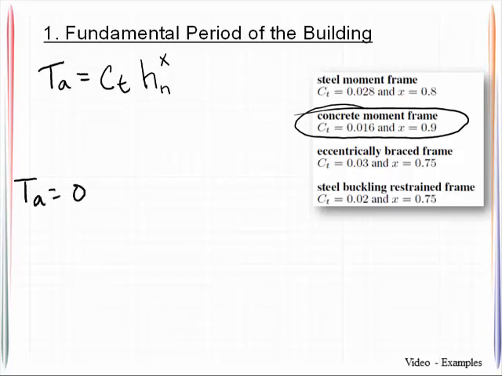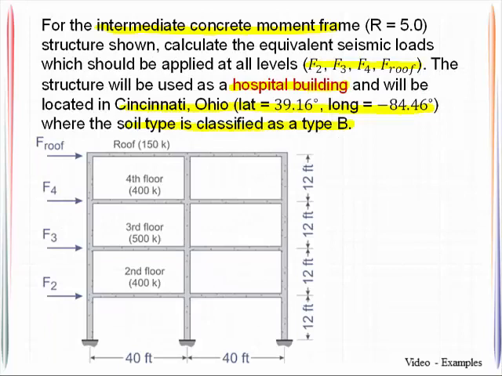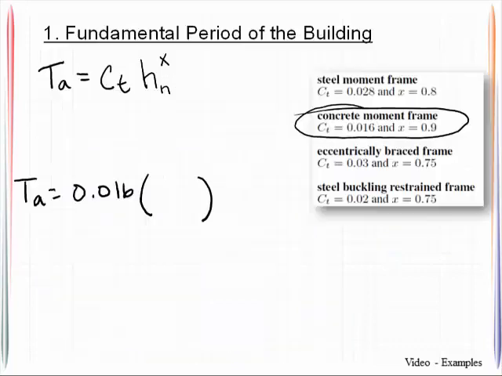T_a is equal to 0.016. We now need the total height of the building, so let's go back here, make sure that we understand that. Total height then is of course right here, so h_n is 48 feet, and we are asked to actually put that in units of feet, so this is 48, and that'll be raised to the power of 0.9.